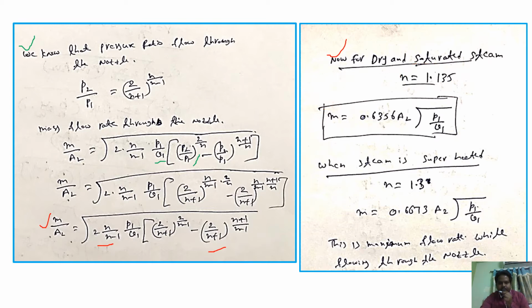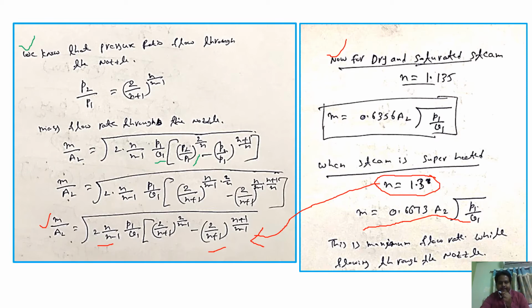For superheated steam, the n value is 1.3. Again, if you substitute this n value in this equation, m equals 0.6673 A2 square root of P1 by V1. This is the equation for maximum discharge of steam if the steam is superheated.